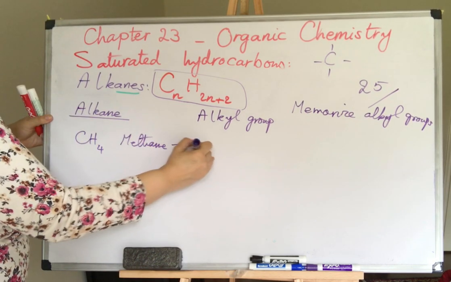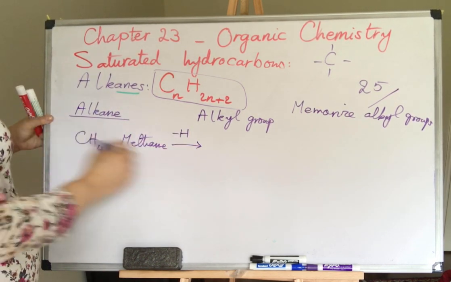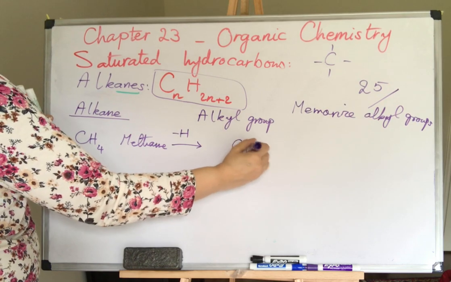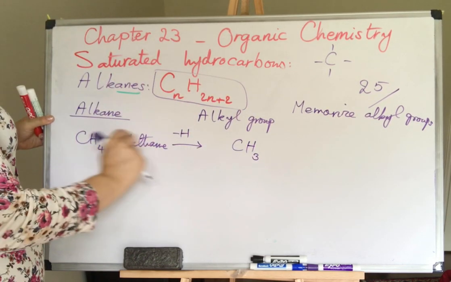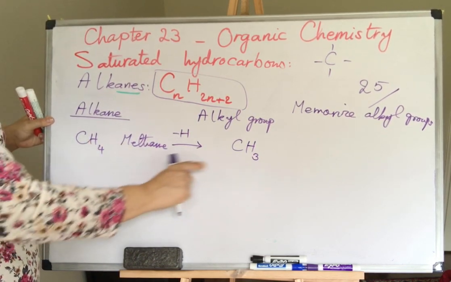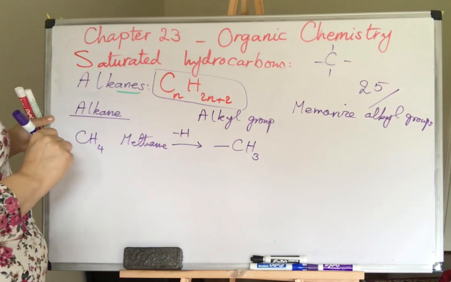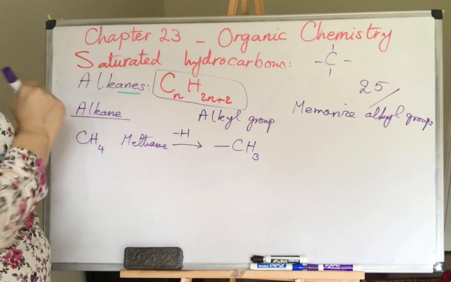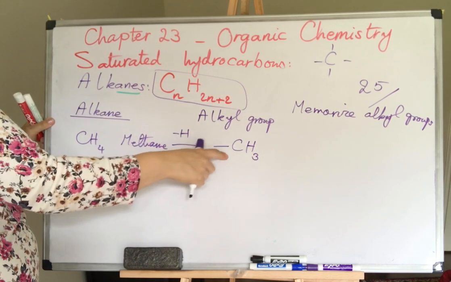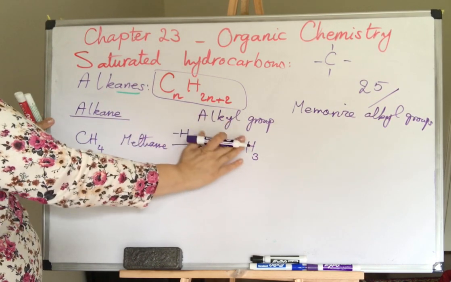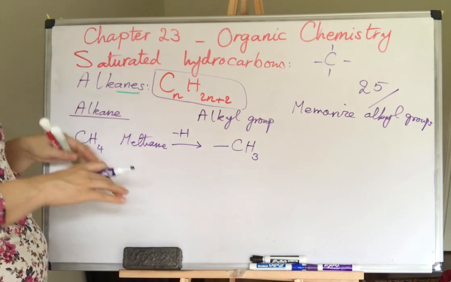If you remove a hydrogen, you change it to a CH3, right? Instead of 4 bonds, there are 3 bonds around carbon. So this side, if I put a dash here or here, means that this CH3 cannot exist by itself.